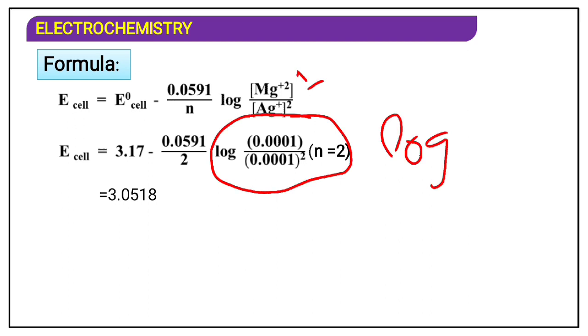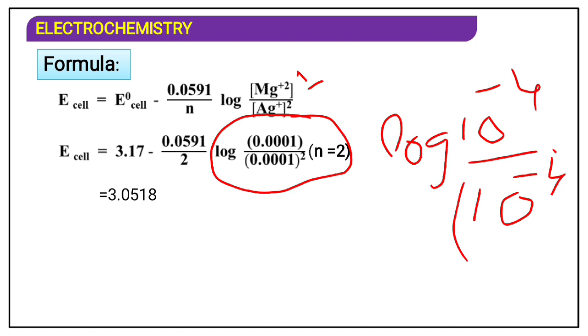It indicates 10 to the power of minus 4 divided by 10 to the power of minus 4 whole square. 10 to the power of minus 4 whole square means 10 to the power of minus 8.